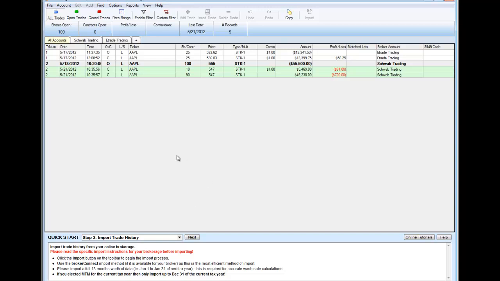Sometimes what we find is users run their 8949, then they don't end the tax year until next year. In that process, if there's anything that changed in your trade history or anything changed in TradeLog, there could be differences. So if you follow the instructions and you do all of that together, you won't have those problems.